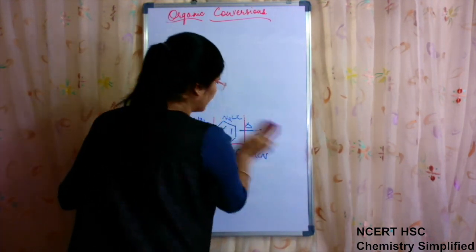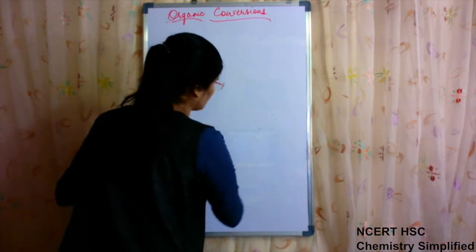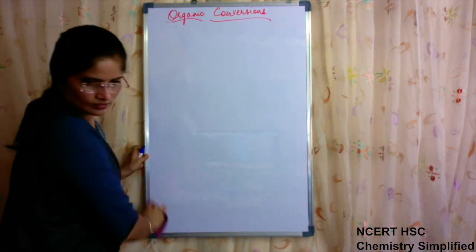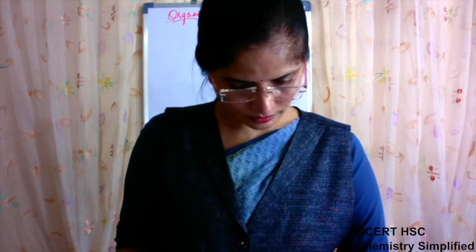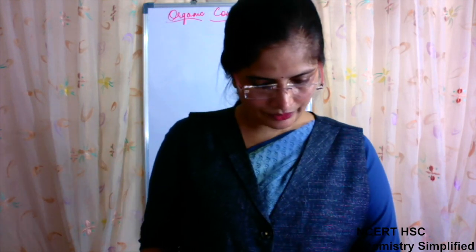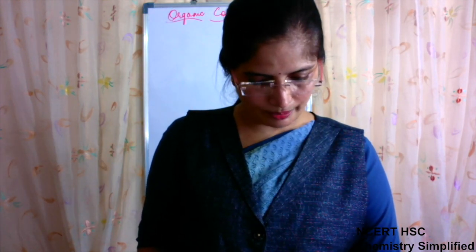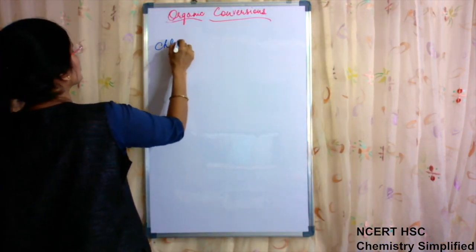Last one more we will take, small conversion. Okay, chlorobenzene to parachloroaniline. Not very difficult.